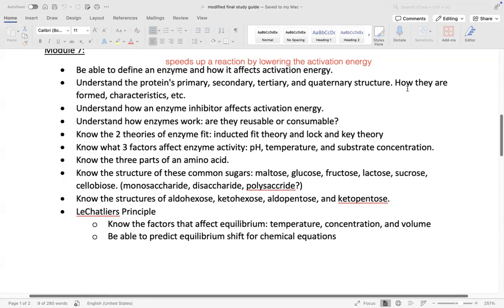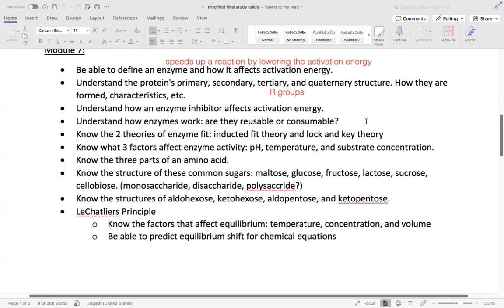Tertiary is when we have that whole mouthful of different kinds of bonds between our groups. That's actually something that wasn't mentioned in the question before, but let's put that here. So tertiary has to do with the R groups. Quaternary, that's when multiple polypeptides come together.